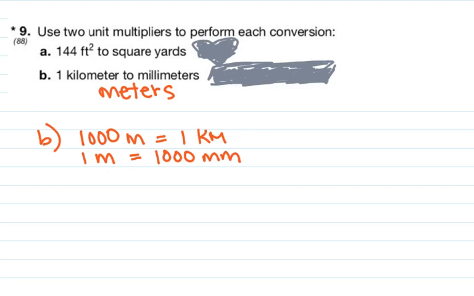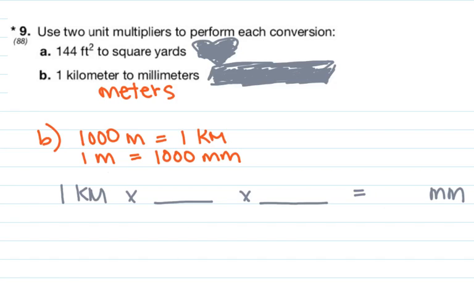So let's set up my problem. I have 1 kilometer, and I want to get, in the end, to millimeters. So I'm going to multiply that by a unit rate, and I'm going to multiply it by a unit rate. Well, I want to have my kilometers crossed out right here.